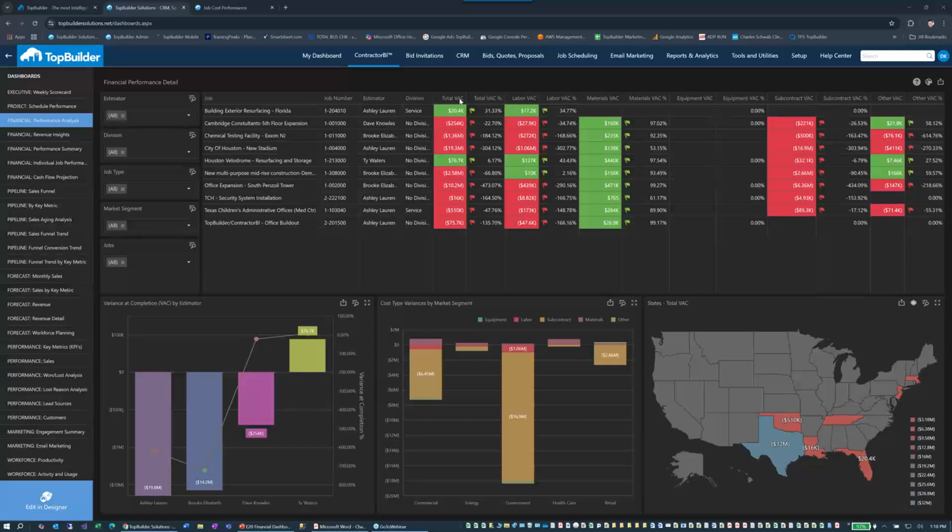Some people have an additional type in there. Sometimes they put administrative or other things in there. We're wrapping all that into other in this demo. And you can see right away we've got a lot of variances here. And you look at the totals first, and then you can go look over, and you can see it looks like subcontract is our problem moving forward.